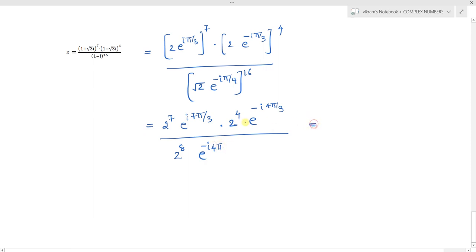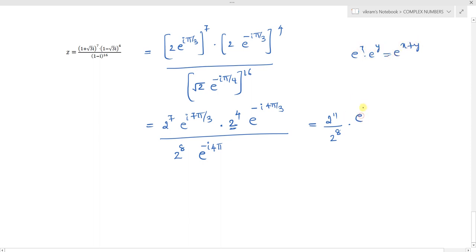And going on with the simplification, 2 power 7 into 2 power 4 is 2 power 11, divided by 2 power 8, the denominator we have over here. And e power 7 pi by 3 into e power minus 4 pi by 3: e power x into e power y can be written as e power x plus y.